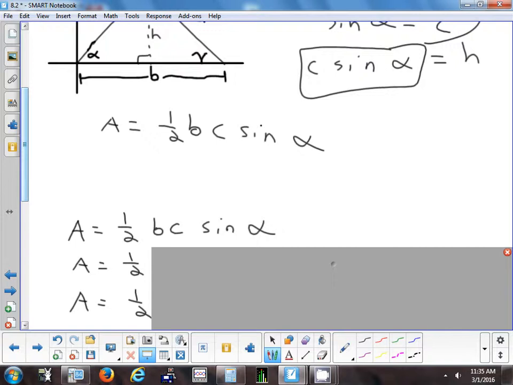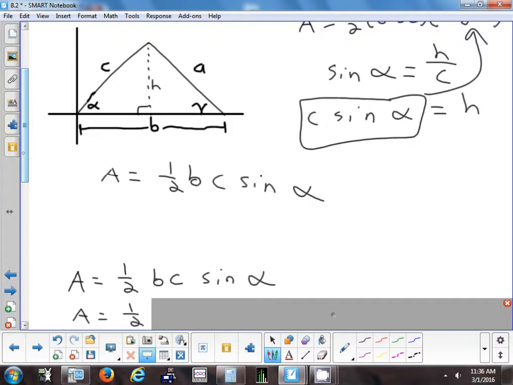Anybody have a guess how you can write that from the perspective of beta, if you knew beta? Look at where the two sides are that we used, and look at the angle we used.